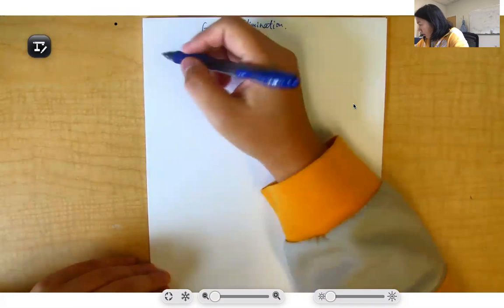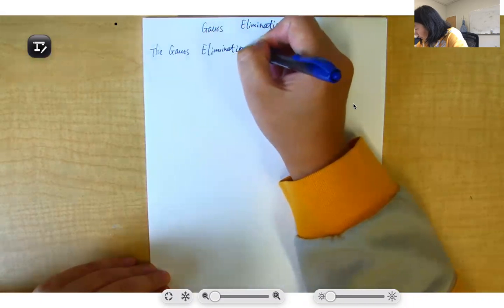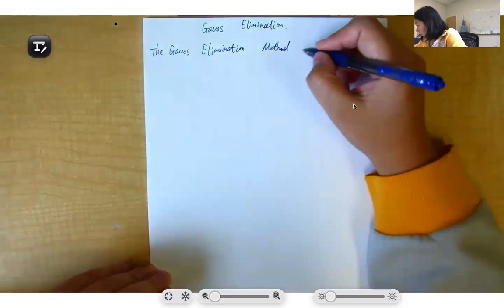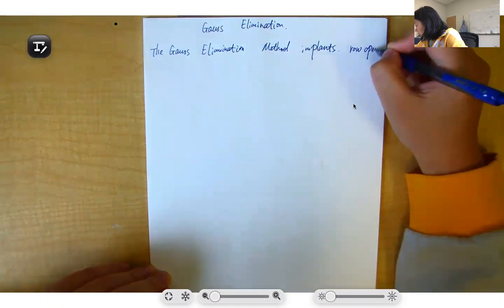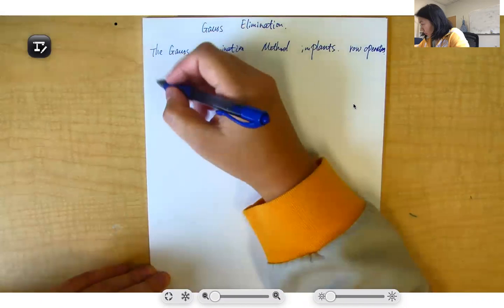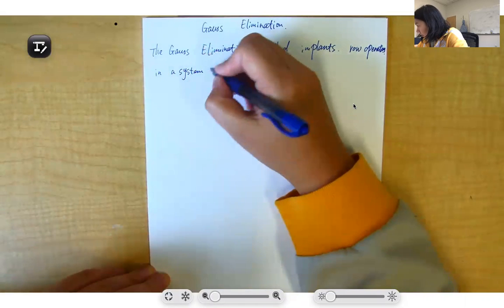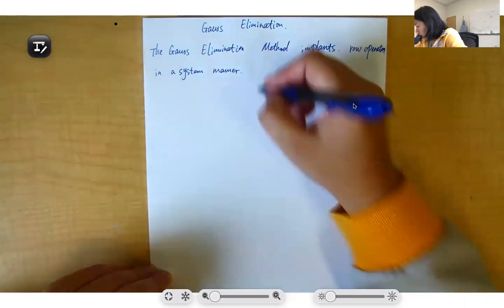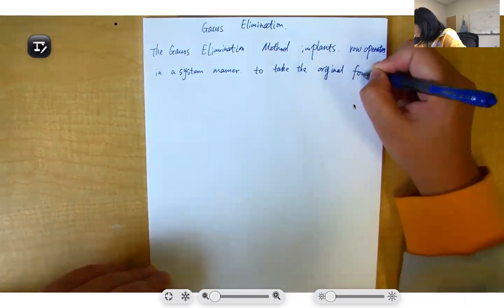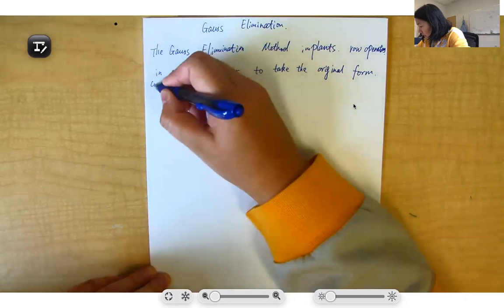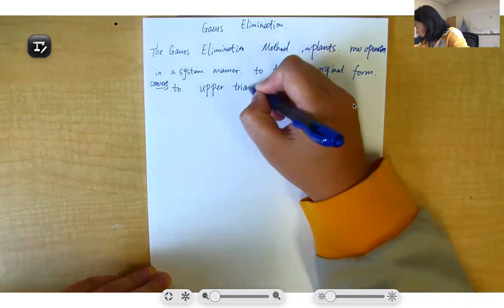The Gauss elimination method usually implements row operations in a systematic manner, taking the original form and converting the matrices to upper triangular form.